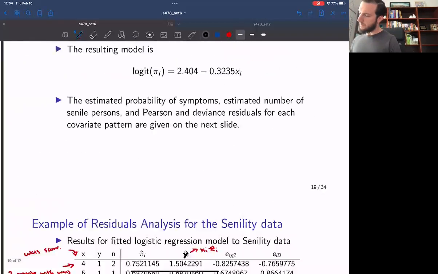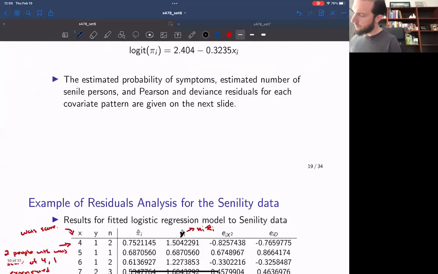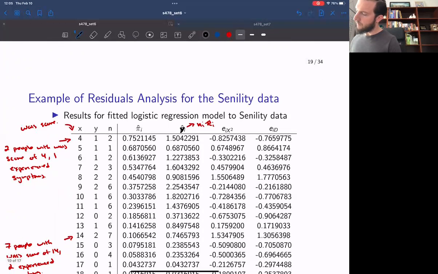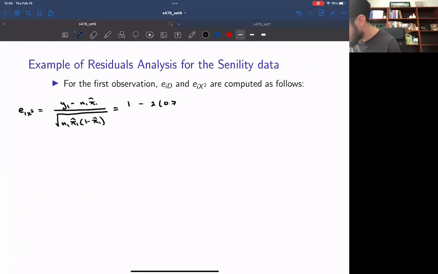All right, so from the previous table, this is going to be 1 minus 2 times 0.7521145. So we actually have that value. And then this should be divided by the square root of 2 multiplied by 0.7521 multiplied by 1 minus 0.7521.